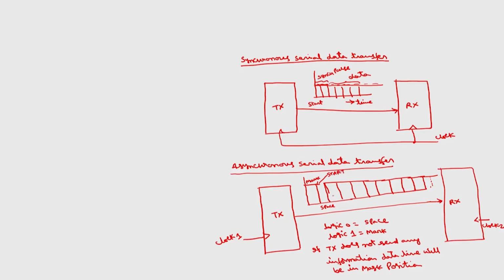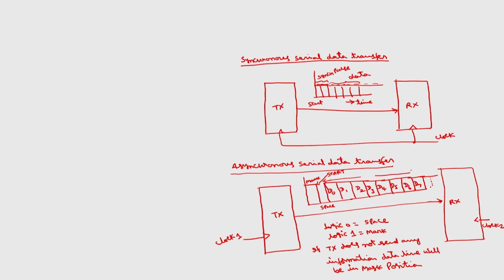This is the actual data from here to here: D0, D1, D2, D3, D4, D5, D6, D7, total 8 bits.